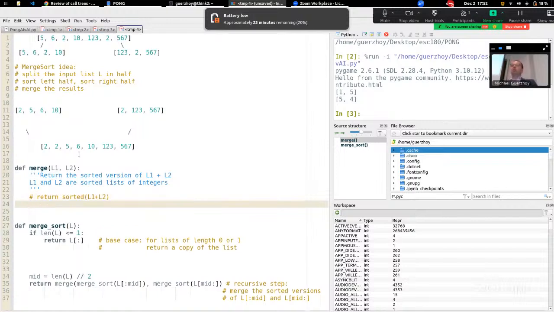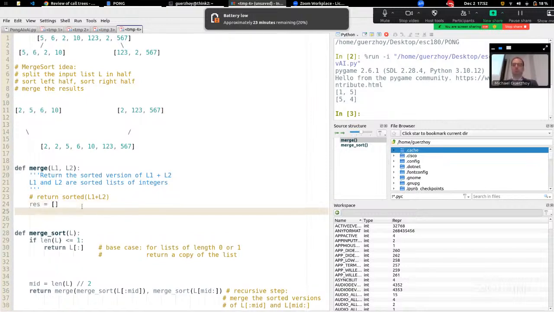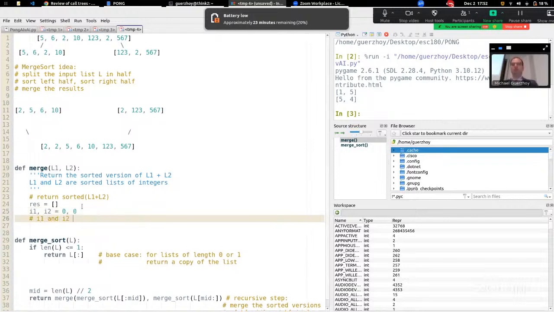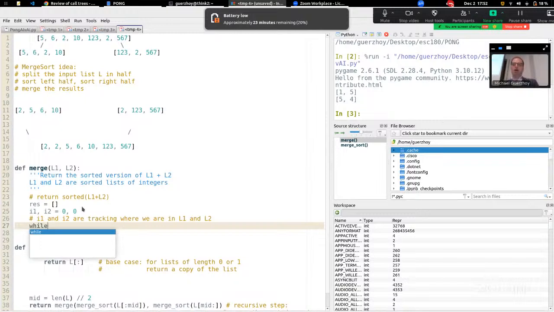So rather what we'll do is go through both lists and just say, which one is smaller, just put it in the result. So I1 and I2 are tracking where we are in L1 and L2. Say while I1 is smaller than length of L1, and also I2 is smaller than length of L2.